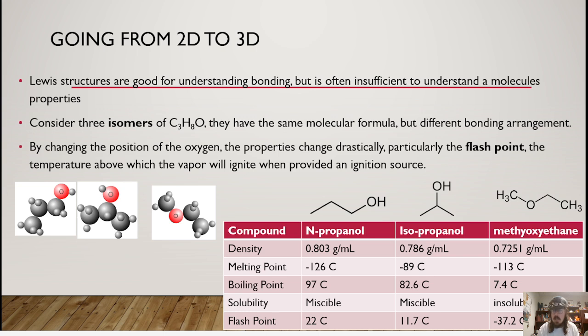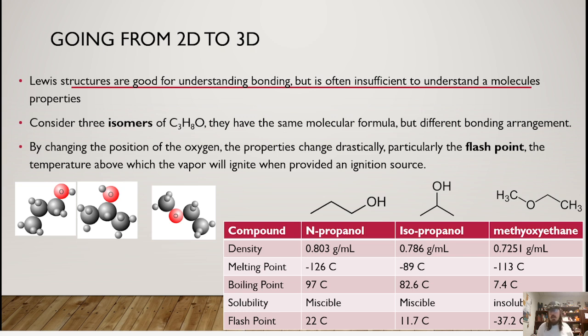Then methoxyethane. The density has dropped a little bit further, so it's a little bit bulkier. And we've changed from an alcohol poking out the side to just an oxygen embedded between those two carbons. So we no longer have an OH bond, we have a CO and a COC bond.